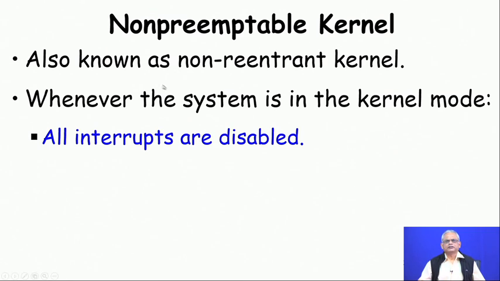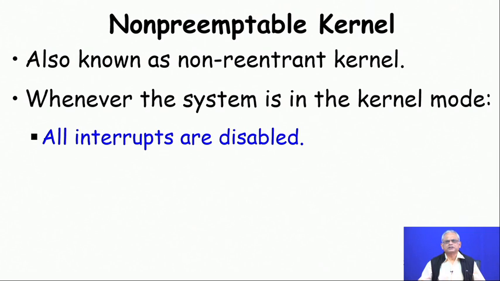But then Unix is a non-reentrant or a non-preemptable kernel. To achieve this, all interrupts are disabled, so that the kernel cannot be preempted and it runs all the code that needs to be done. But then you will have a question: why is it not reentrant? Can't it be interrupted?